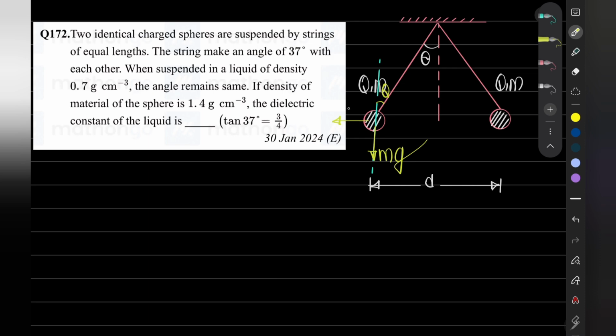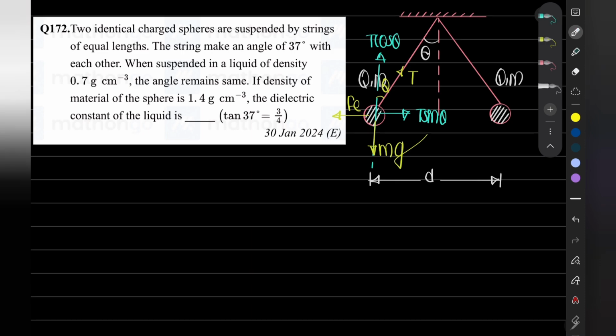Because of that repulsion there will be an electrostatic force Fe, and along the string we will have tension T. Tension will have two components: T sin theta along this side, and T cos theta along this side.